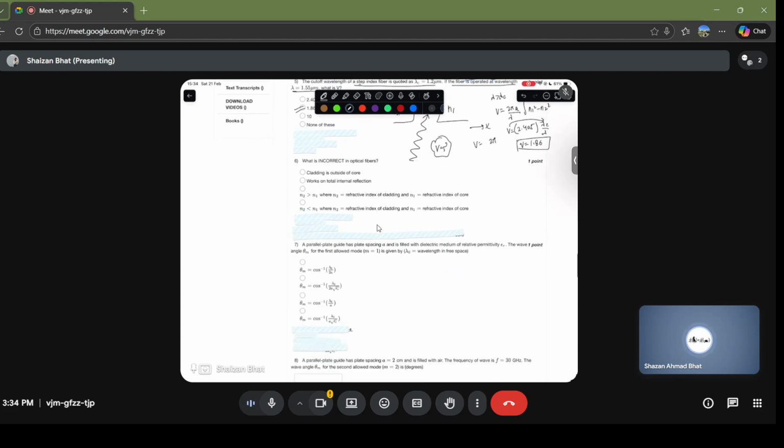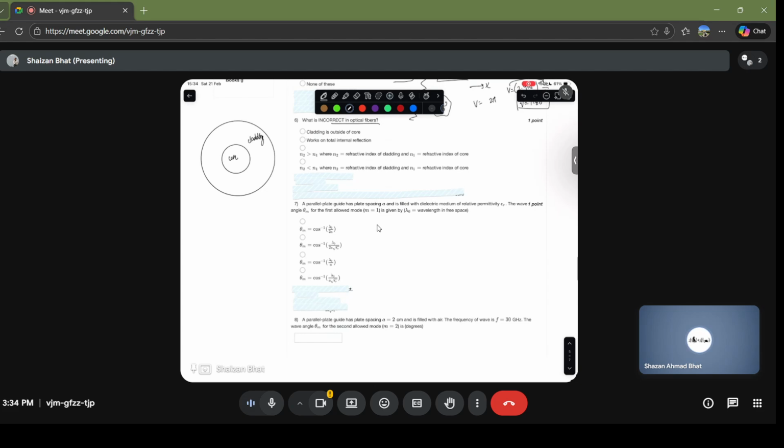Now, which of the following is incorrect about optical fibers? For optical fibers, this is the core and this is the cladding, and it is a gradient in the refractive index. If you draw it, this is sort of a refractive index profile for the optical fiber, and this is the front view of the optical fiber.